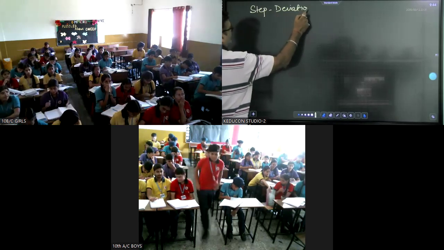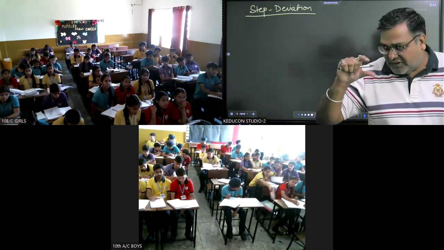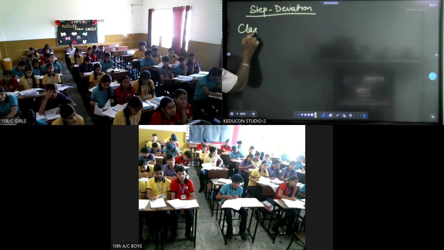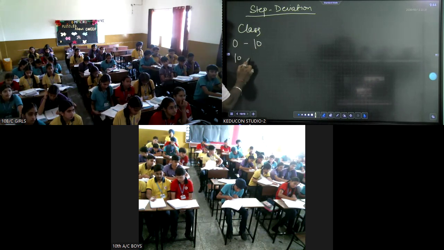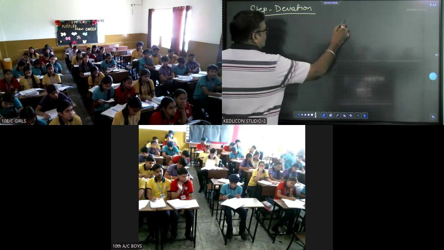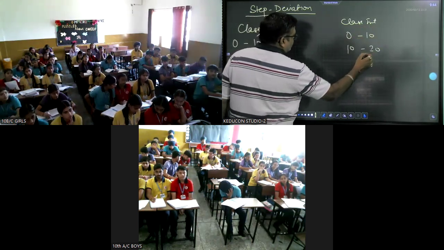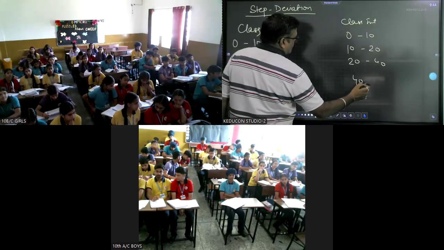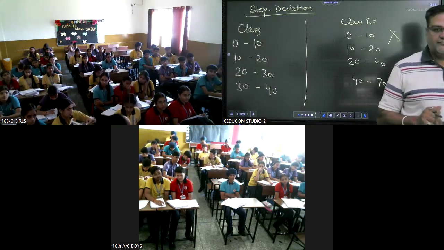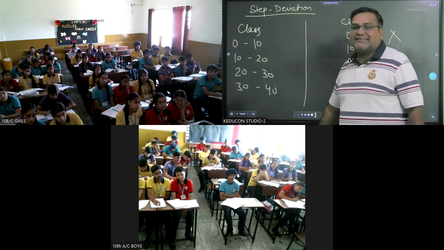First of all, you have to understand this thing: this method is applied only when the class size of the class interval is uniform. For example, if I have data, let's say I have two datasets. One is 0 to 10, 10 to 20, 20 to 30. Another data is class interval 0 to 10, 10 to 20, 20 to 40, 40 to 70. So I cannot apply the step deviation here, because for step deviation to be applied the interval should be uniform.